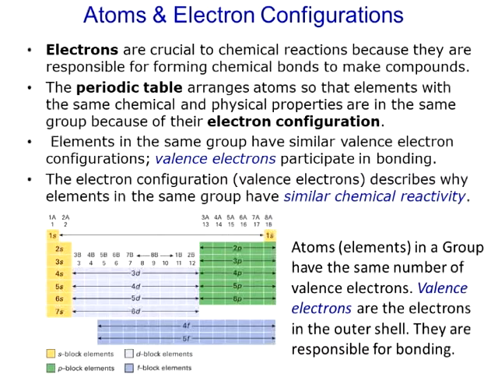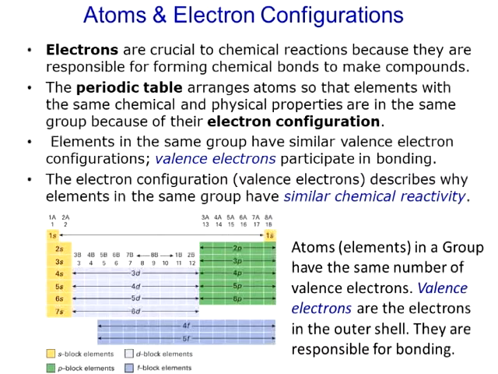And we're going to learn how to write that electron configuration out so that we can observe the electrons involved in the similar chemical reactions. Okay? So atoms in a group have the same number of valence electrons. Valence electrons are the electrons in the outer shell, and that's important to remember.